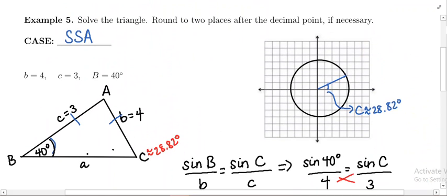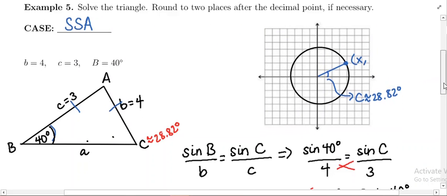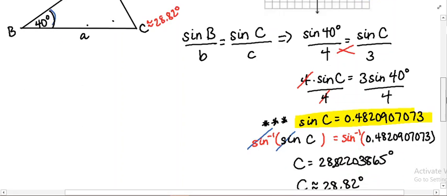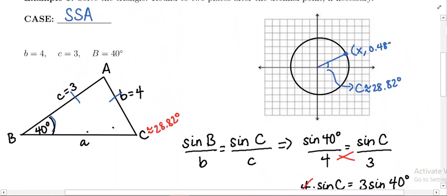For the corresponding point on the unit circle, we don't know the x coordinate, but we know the sine value, which is the y coordinate. It's about 0.48, this number right here, 0.48209. Remember in quadrants 1 and 2, the sine values are positive, so there's going to be some angle in quadrant 2 that has the same sine value, the same y coordinate.